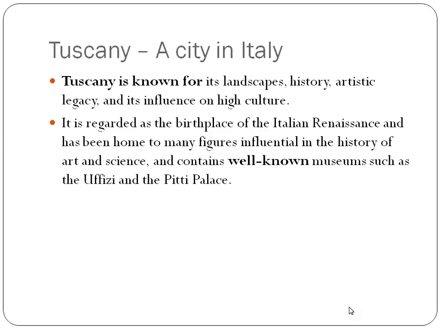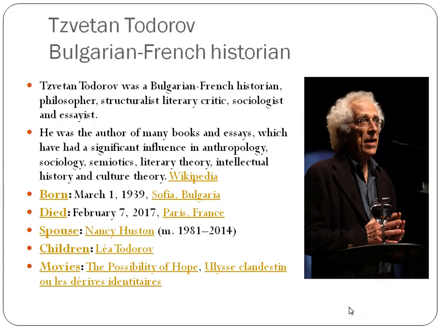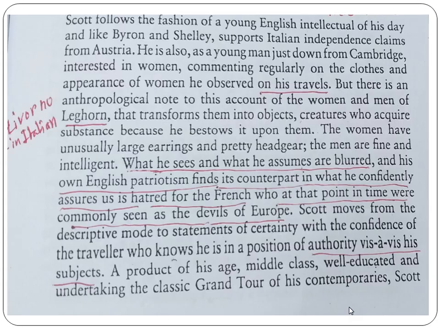So this Bulgarian historian Todorov and this English traveler, An Englishman at Home and Abroad, were written by these two writers, and they have written about their experience, what they found on their travels.